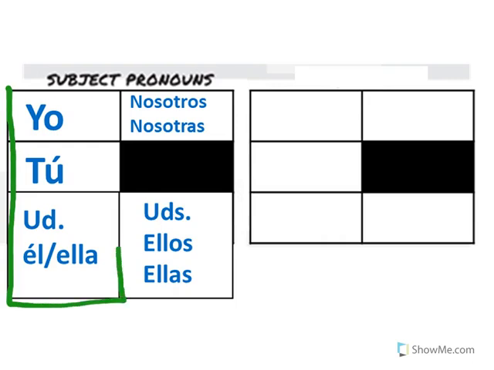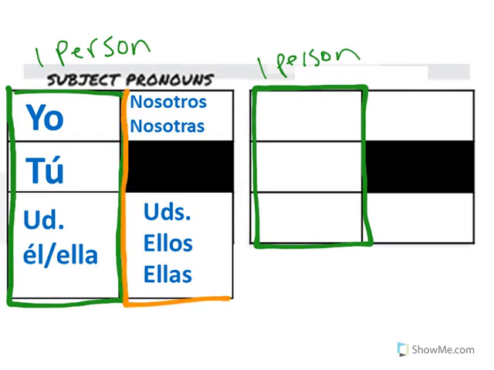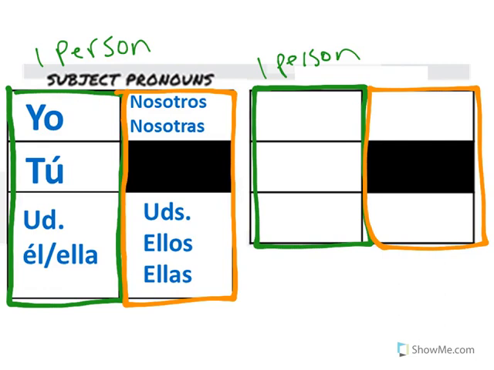The first section right here have something in common: all of these subject pronouns are for one person. The ones on the right-hand side are for more than one person.